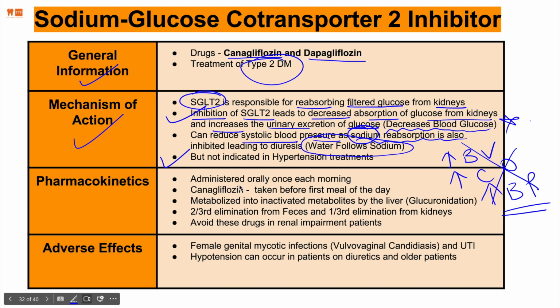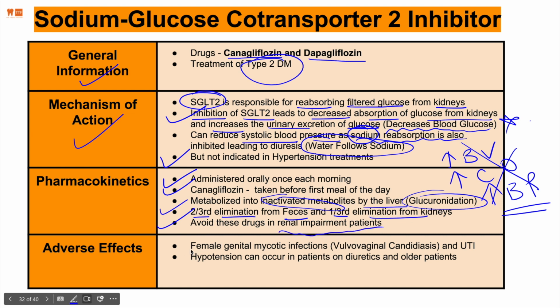Pharmacokinetics: administered orally once each morning, once only. Canagliflozin is taken before the first meal of the day, so right in the morning. It's metabolized into inactive metabolites by the liver's first-pass metabolism. Then two-thirds of its elimination is into feces and one-third through the kidneys. Avoid these drugs in patients with renal impairment.